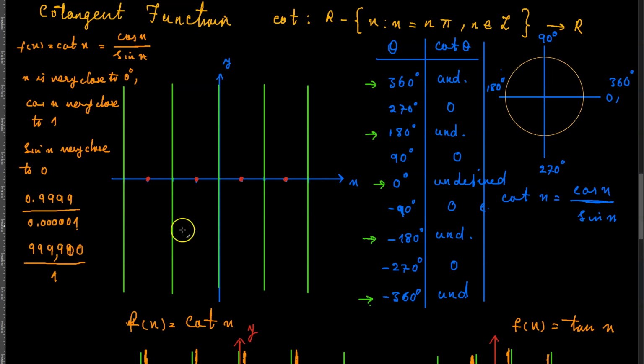And so you can see that very close to 0, the output of the function is considerably large, meaning that you will end up somewhere over here.